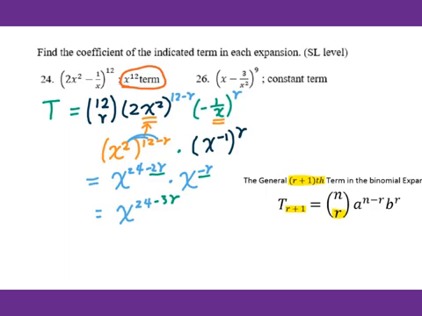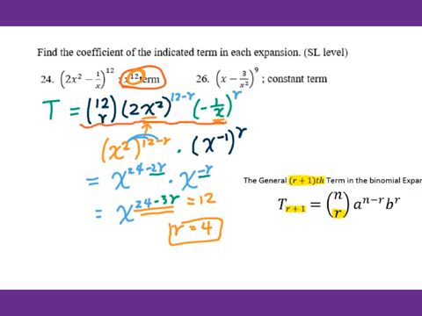We set up this one equals 12, because we need x to the 12th power. Then we solve, you will get r equals 4. After we get r equals 4, we can plug into this general form.